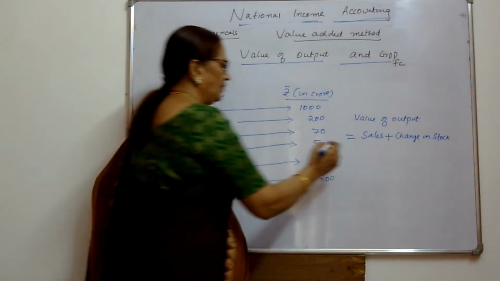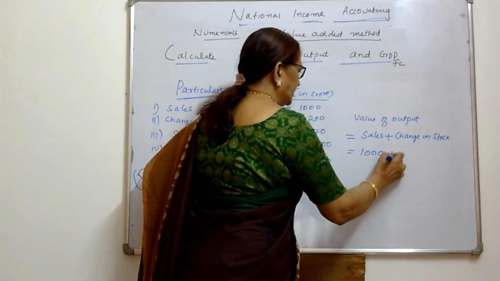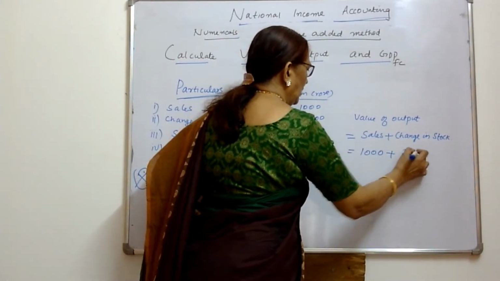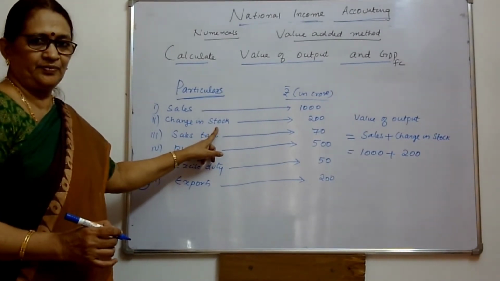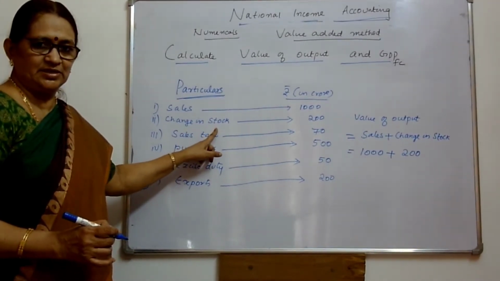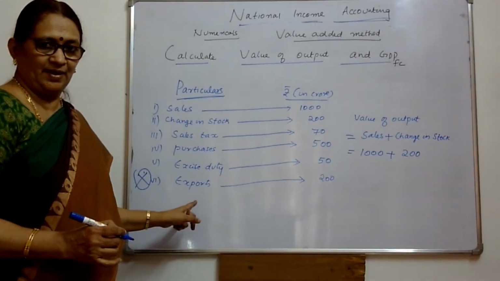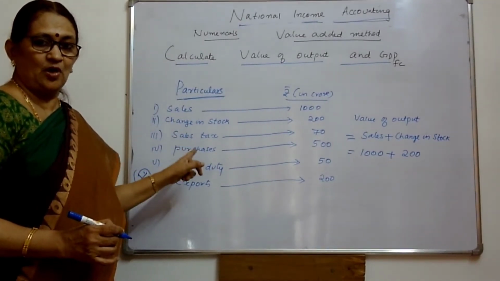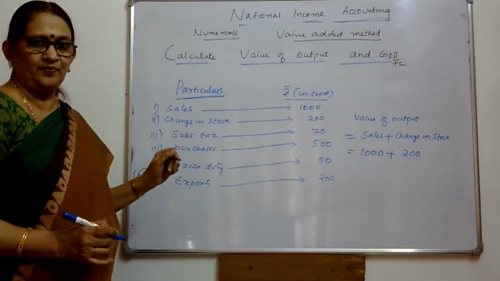That is 1000 is the value of sales plus 200 is the value of change in stock. Instead of change in stock, if closing stock and opening stock is given, closing stock minus opening stock, we will get change in stock.